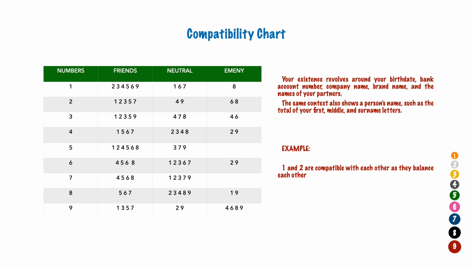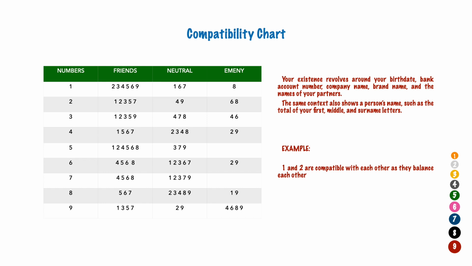How can you quickly refer to this chart and come to a basic analysis of a relationship for an individual, either personality or destiny number? Refer to this compatibility chart, which is easier to read.